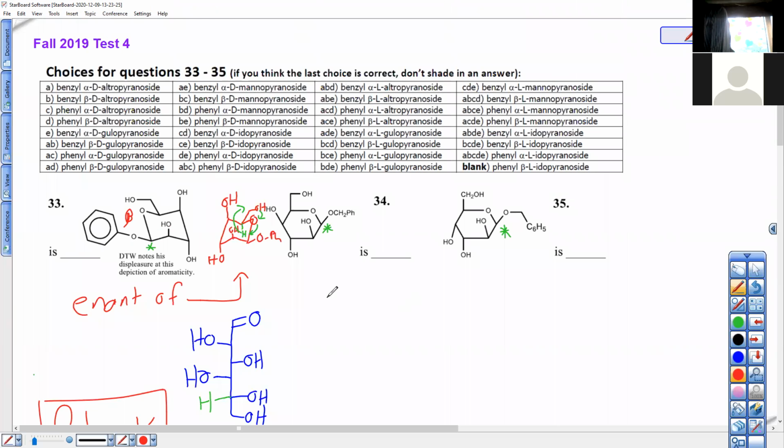Okay. Everything else is in a D sugar. Up left, down right, up left, down right. That's idose again. What's this one? Let's keep these things separate.